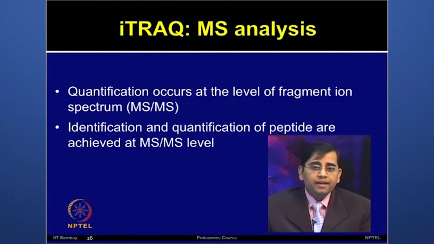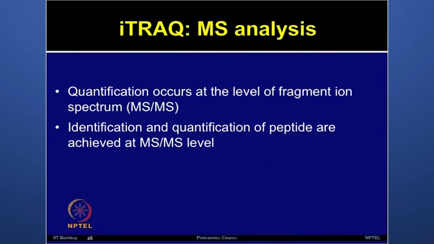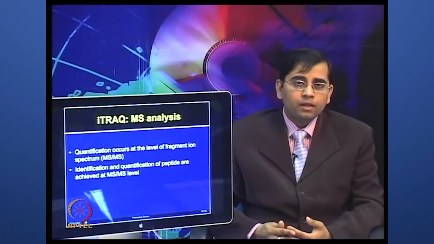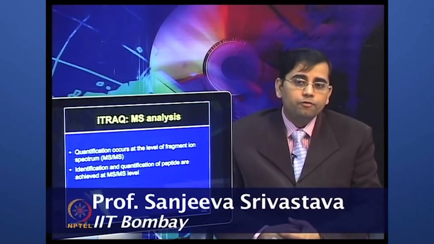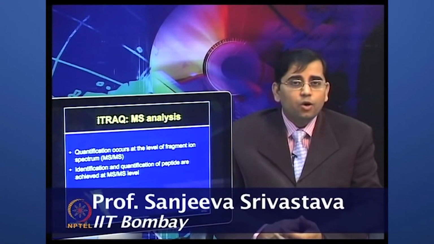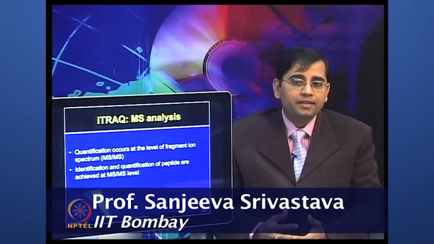It shows identical fragment ion series for the peptide-derived fragments, but it also shows low-mass reagent-derived fragment ions that indicate the sample of origin and permit the quantitation. So, identification and quantification of peptides are achieved during the MS/MS analysis. iTRAQ enables quantitative protein profiling of multiplexed samples without making MS spectra complicated.